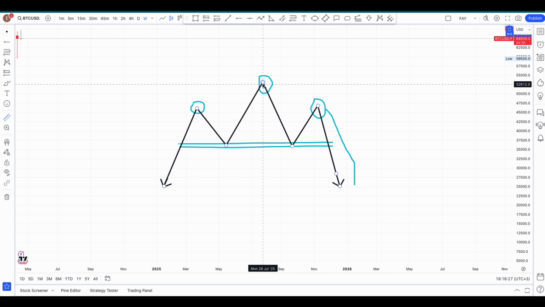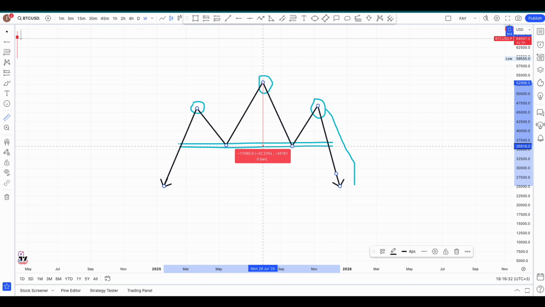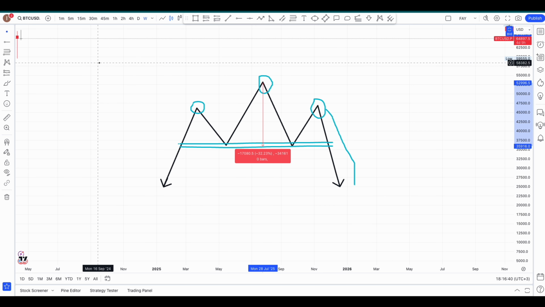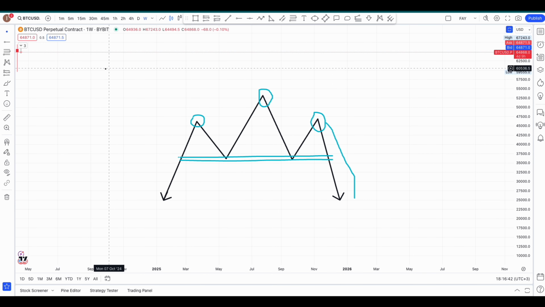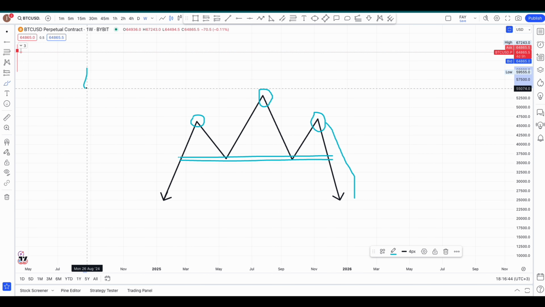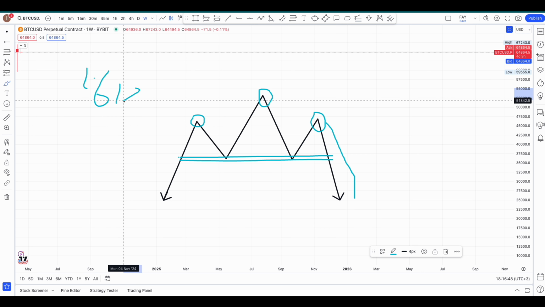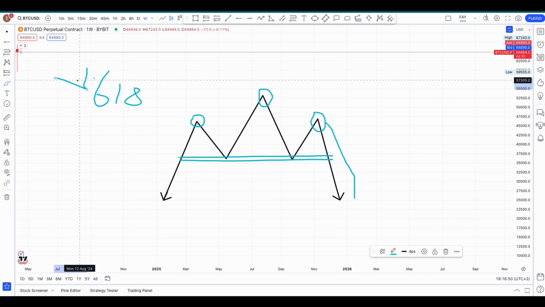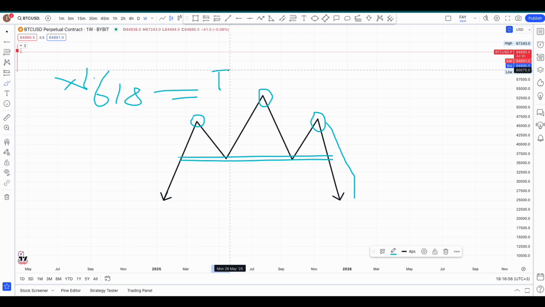We are measuring from the head down to the neckline. That's what we'll measure. So the amount we got will be multiplied by 1.618. That will give you your TP.